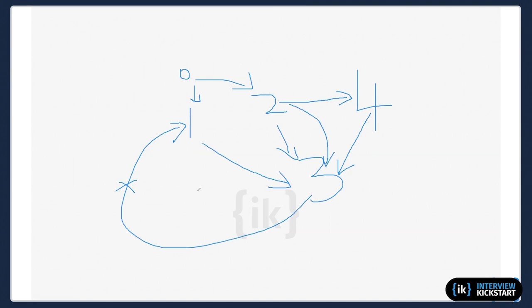And the second thing is, if it is a DAG, then we need to walk through all the paths and check if the destination is reachable from all the paths, because I have to exhaust all the paths.